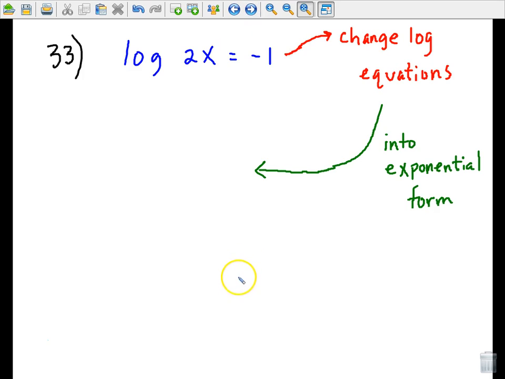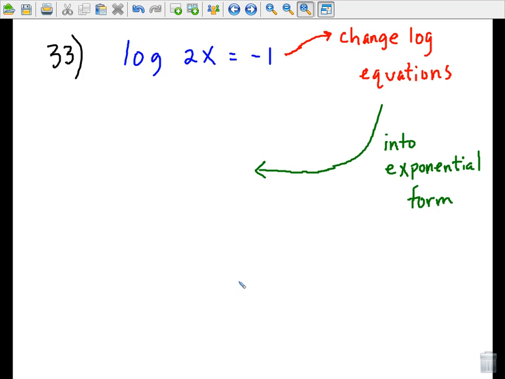Okay, when we get to number 33 and following, notice how our equations change. We are now not solving exponential equations. We are solving log equations. Notice the word log in the equation.